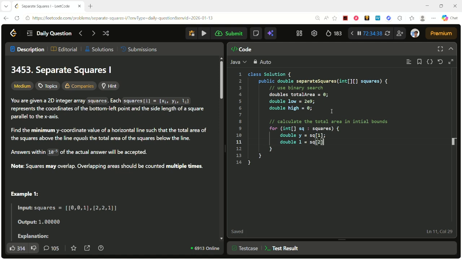Extract y as the bottom y coordinate and L as the side length. We have to cast to double before multiplying to prevent integer overflow.